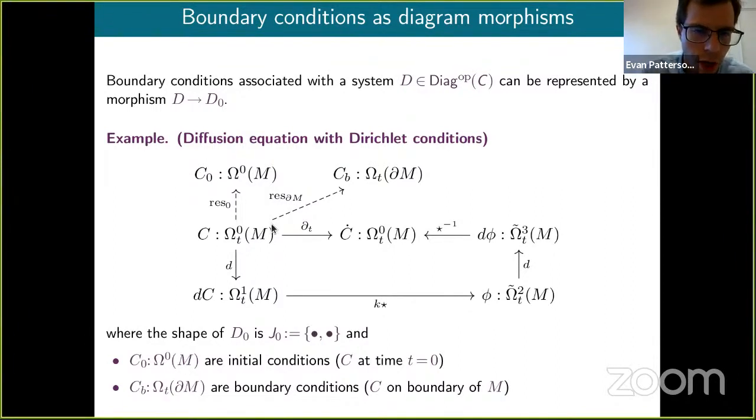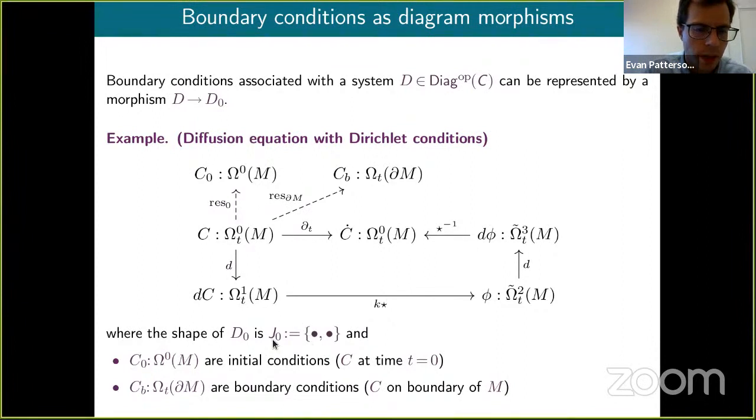So here's the diffusion equation. I'm going to attach Dirichlet conditions to it. In other words, I need to specify two things. I need to specify the initial condition, so the concentration at time t equals 0, and the boundary conditions, which is the value of C on the boundary of the manifold at all times.